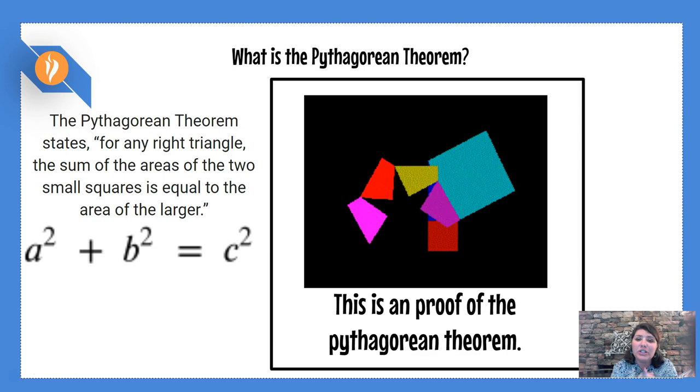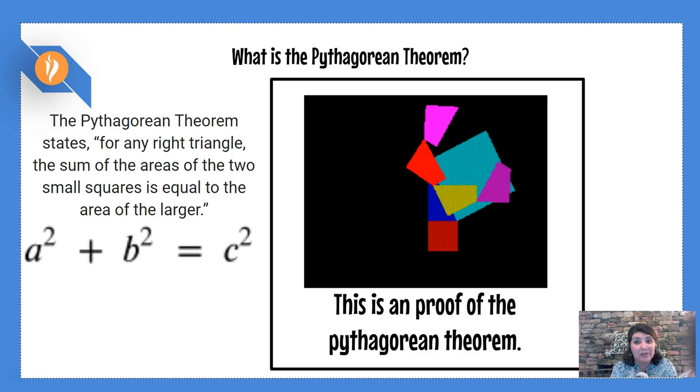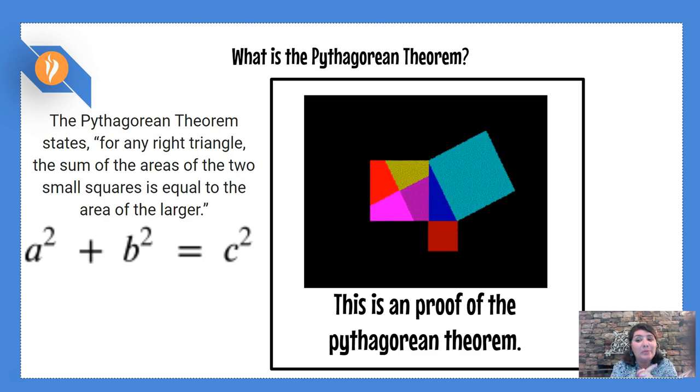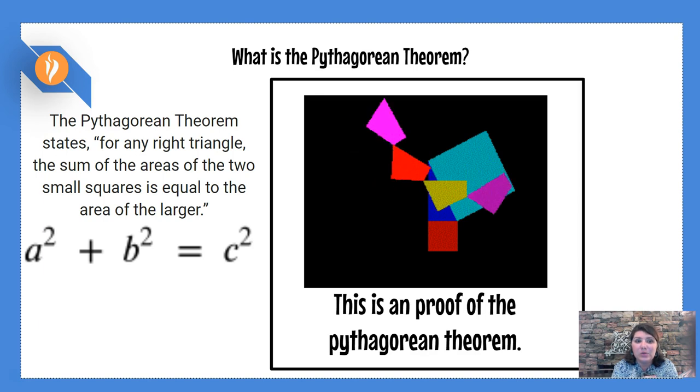While I'm talking, I want you to check out the video that's playing, and it's a proof of the Pythagorean theorem. You can see that things are breaking apart and fitting together. So I want you to watch that for a few minutes. The Pythagorean theorem says that for any right triangle, remember right triangle, the sum of the areas of the two small squares is equal to the area of the larger square.